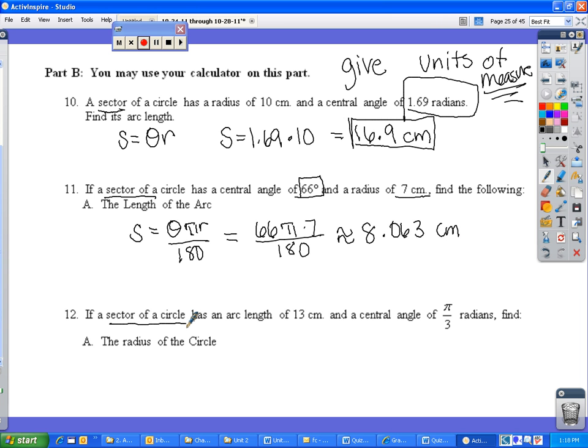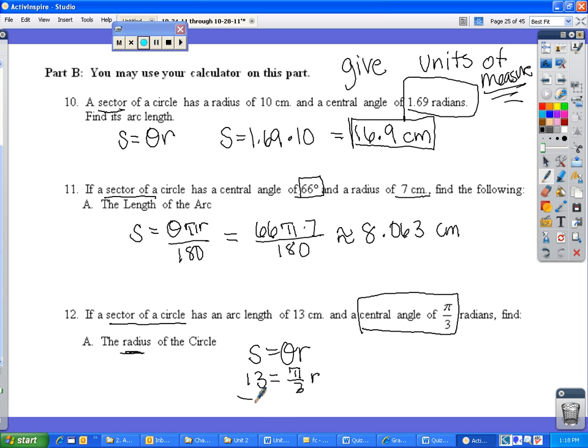Sector, again, of a circle, arc length of 13. So now they give me the central angle of pi over 3 in radians, but they want me to find the radius this time. So in my formula, S equals theta r, I am looking for r, which means I need to plug in 13 for the sector length, pi over 3 for theta, and I'm solving for r.